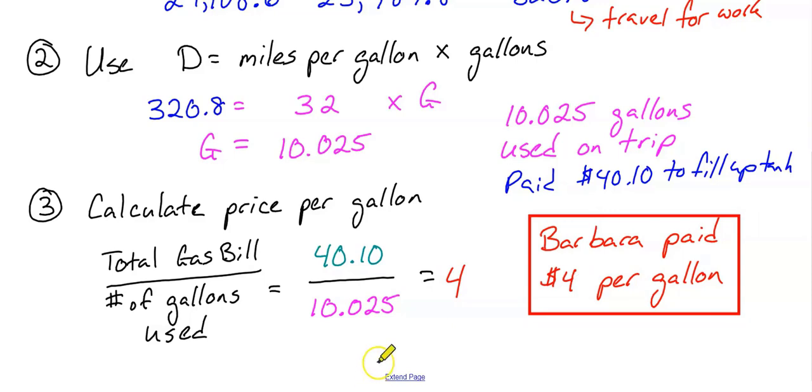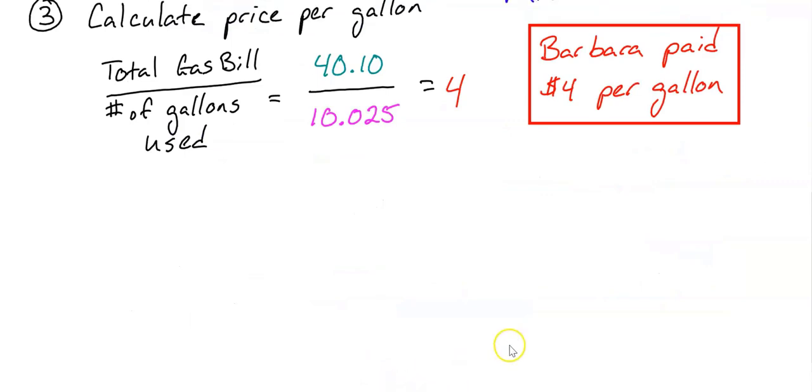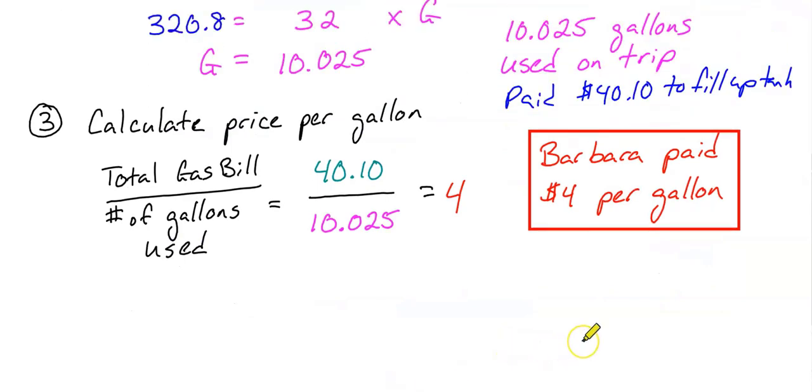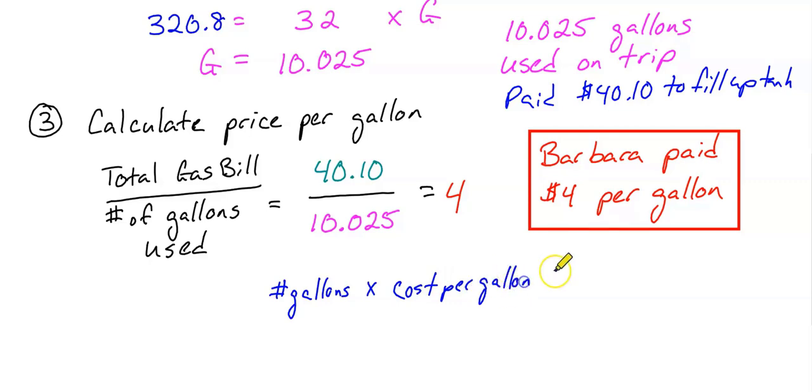And if you're not sure if it's division or multiplication, you could write this out. You could say that the number of gallons times the cost per gallon equals the total cost.